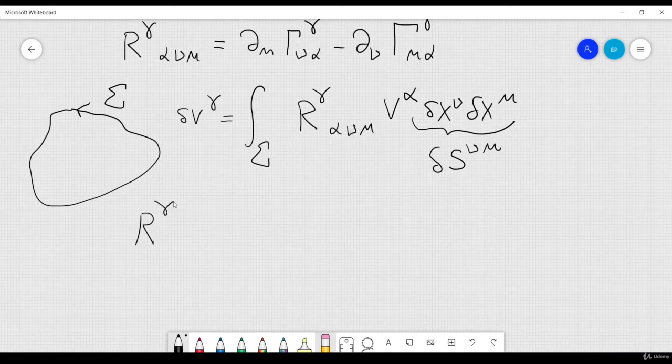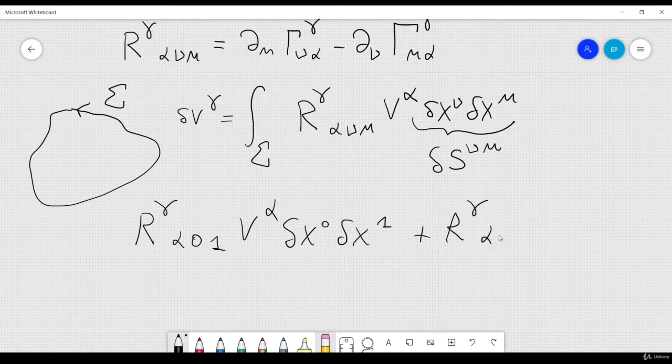So we have R^γ_α,01 v^α δx^0 δx^1, and then you have plus R^γ_α,21 v^α δx^2 δx^1, and so on and so forth.